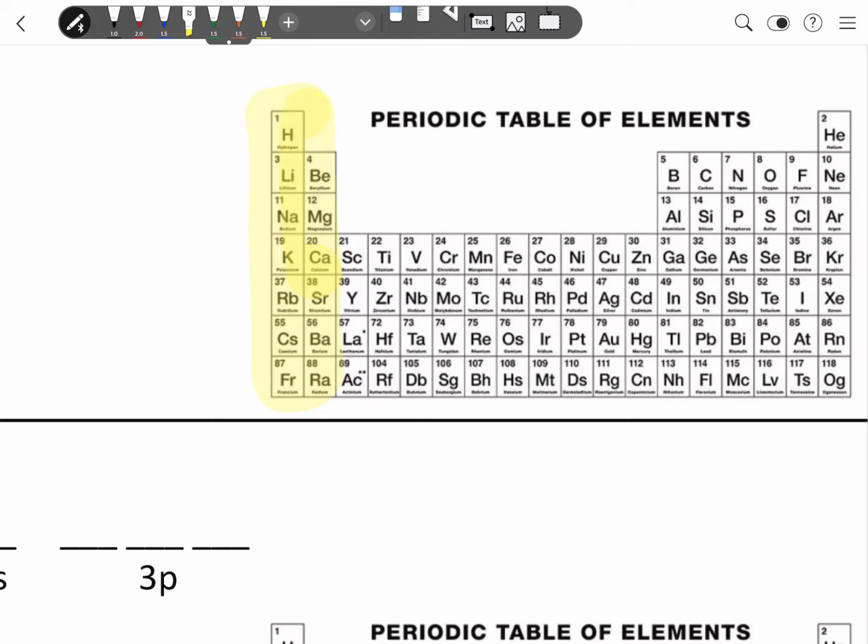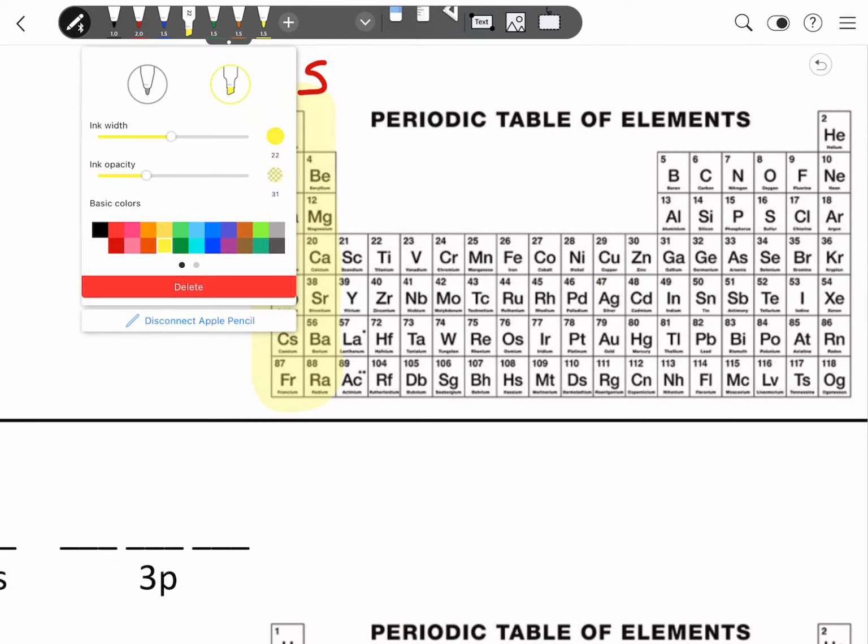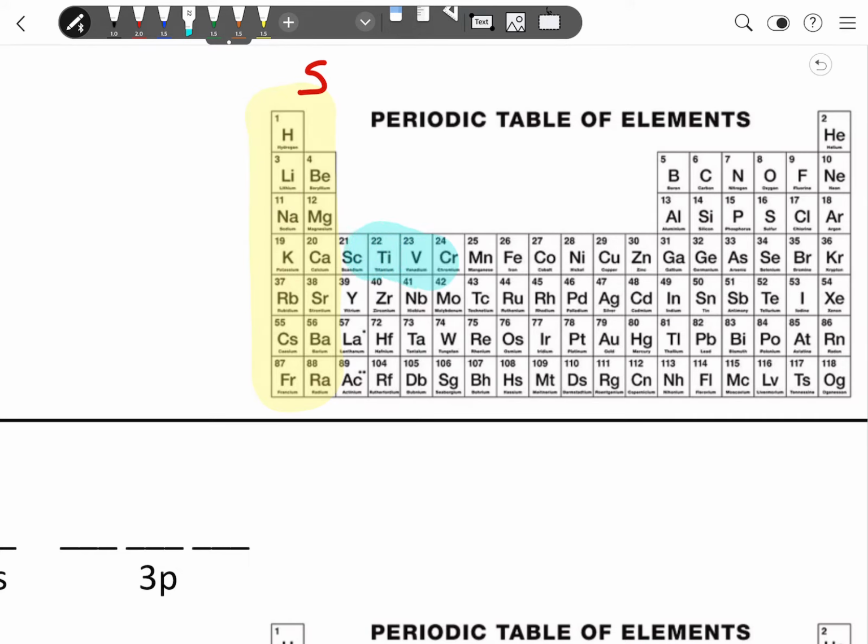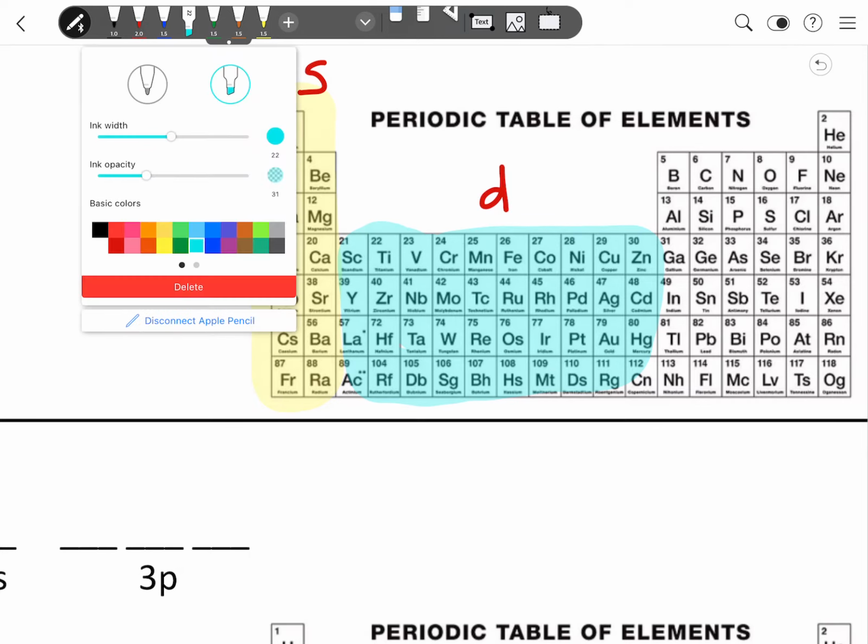So what is this yellow right here? S. Right, this is S. Let me pick a different color. What is this right here? D for dip. Love that. And then last color, let me just do green.